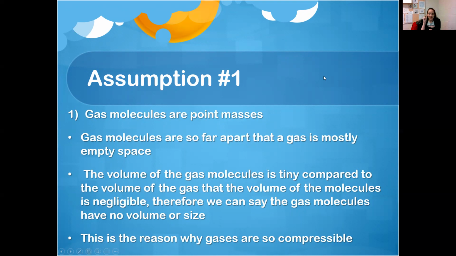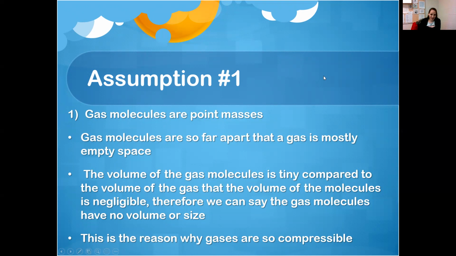So the actual volume that those gas molecules take up is super, super tiny compared to the whole volume of gas. The volume of gas in the room that I'm in right now is quite large. The actual volume that the individual molecules take up is so tiny that we essentially say it's negligible.